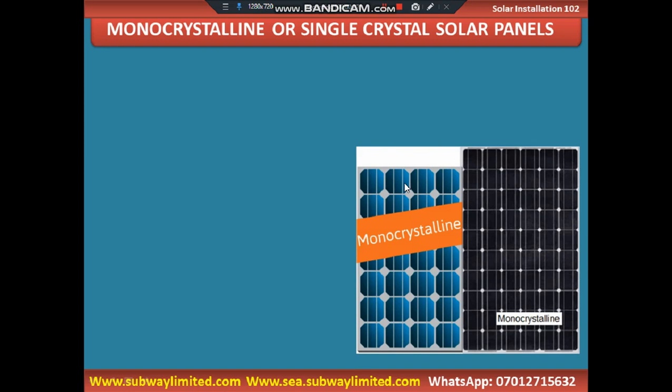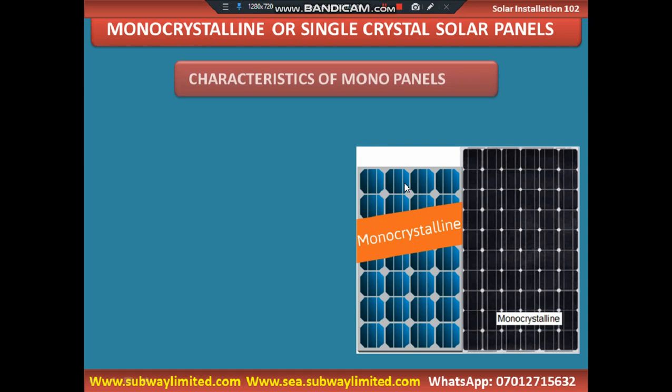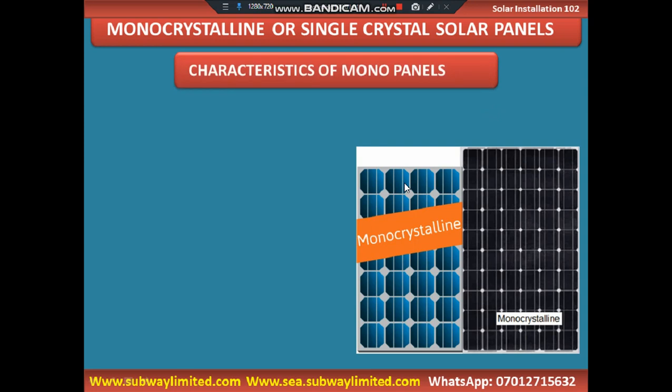The question now is, how do we differentiate the monocrystalline solar panels from the polycrystalline solar panels? And this will take us to the characteristics of the monocrystalline solar panels.